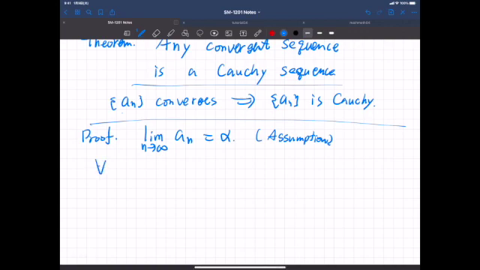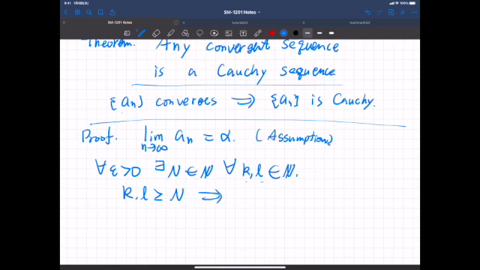Then this means for any positive real number epsilon, there exists some natural number N such that for any natural numbers k and l, if k and l are both greater than or equal to this capital N, then since it's a convergent sequence, |a_k minus alpha| is less than epsilon, and |a_l minus alpha| is less than epsilon.